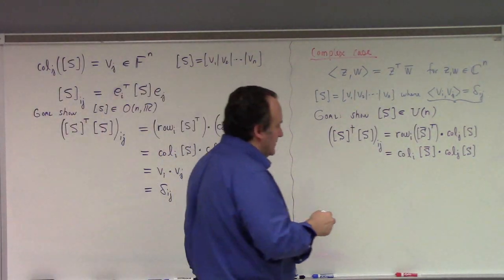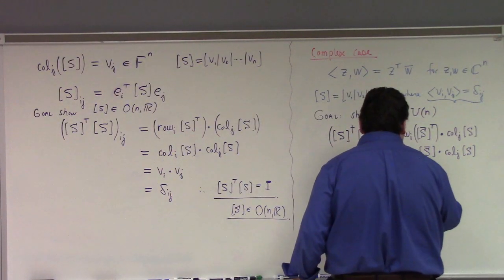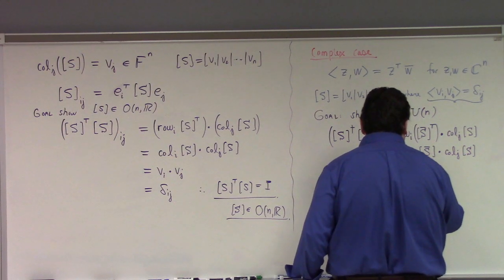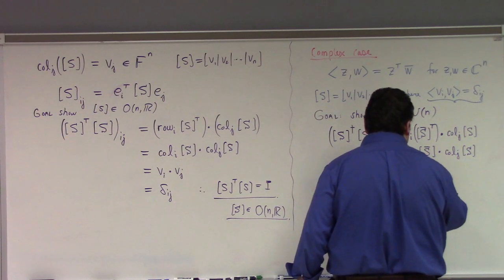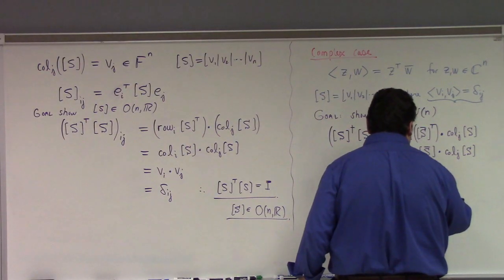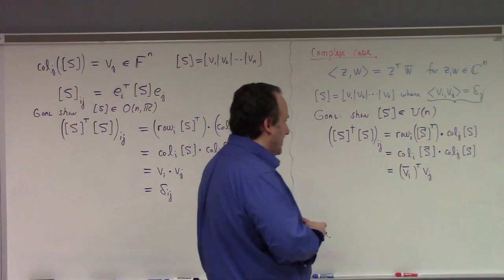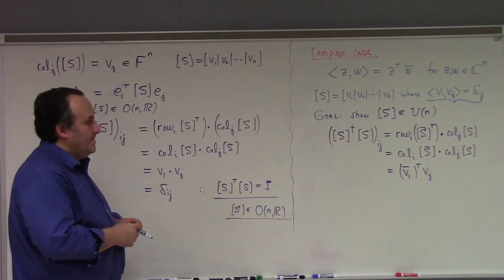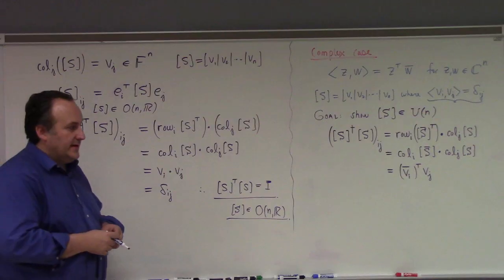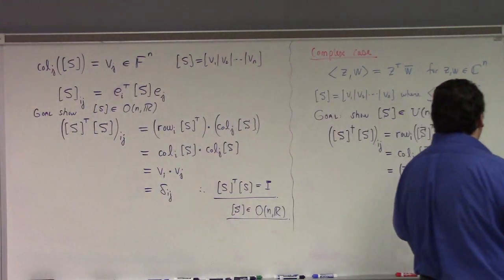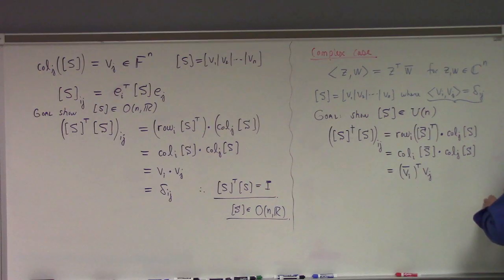That's nothing more than the conjugate of Vi transpose times Vj. Now it's a little bit annoying because what is Vi dot Vj? By my definition, it's Vi transpose times Vj conjugate, right?